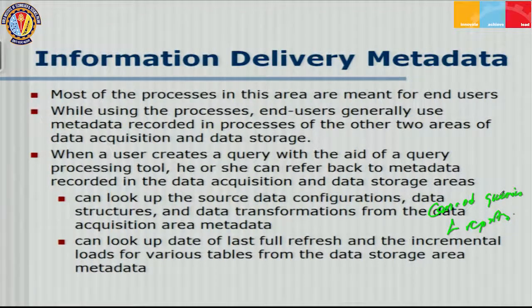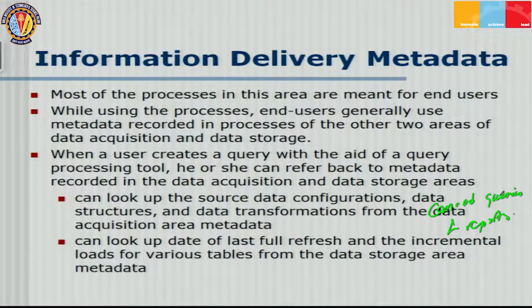So I have already given you an example earlier that query related metadata can be used when a user issues a query, so he may want to access the sources of data elements that are part of the query. So when a user creates a query with the aid of a query processing tool, he or she can refer back to the metadata recorded in the data acquisition and data storage areas.